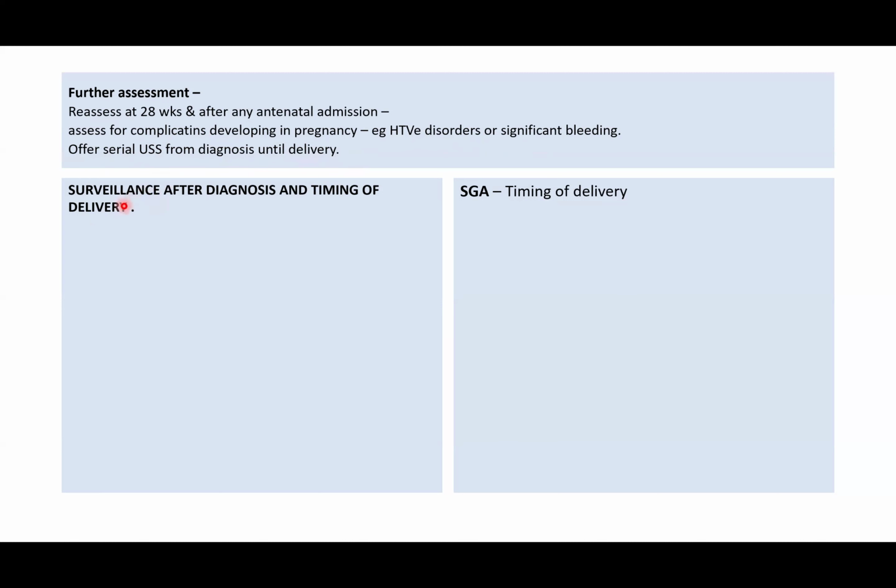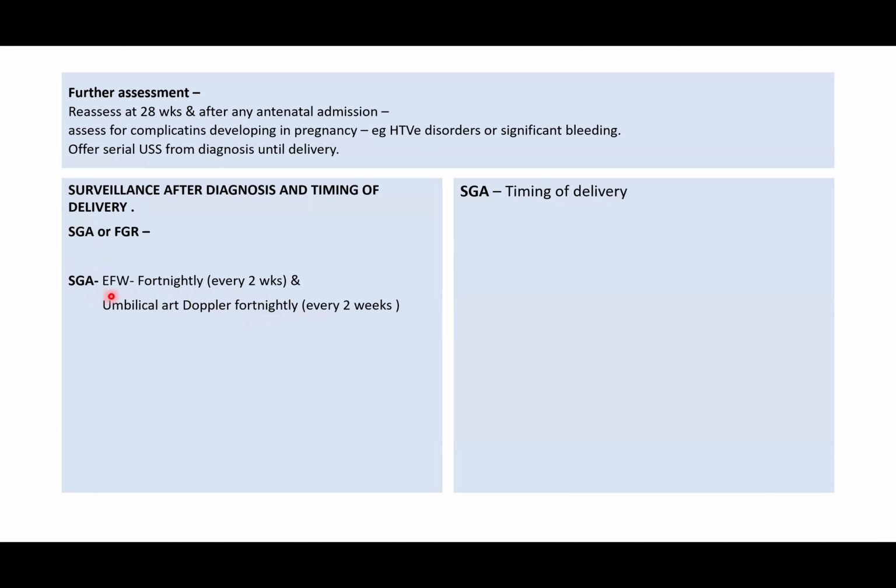Now, how are we going to do the surveillance once the diagnosis is made, and what about the timing of delivery? Surveillance in SGA fetuses is done by estimated fetal weight fortnightly, that is every 2 weeks, and umbilical artery Doppler also every 2 weeks.